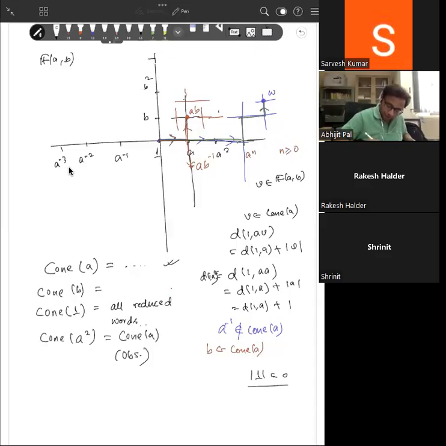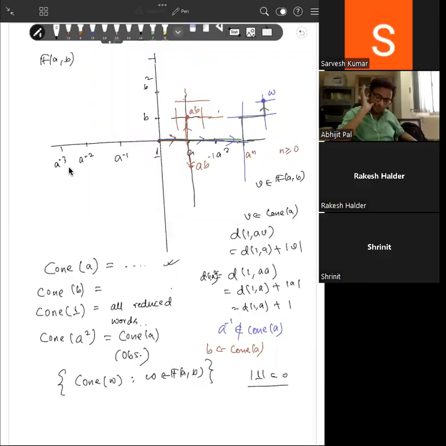Now if I take this collection of sets, cone of W, where W is a word in this free group, can it be infinite? If it is finite, how many sets will we get?